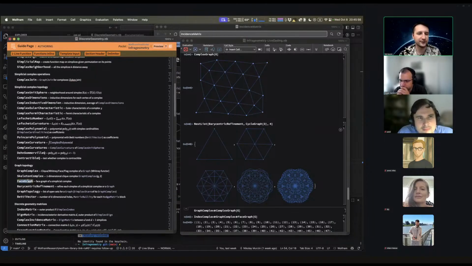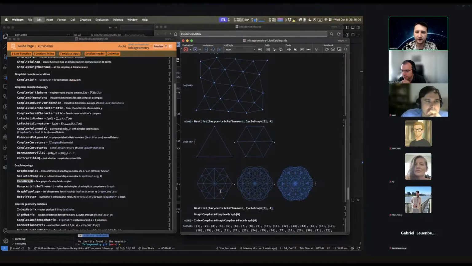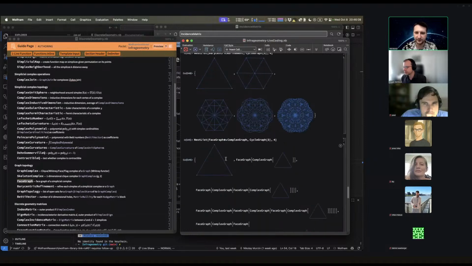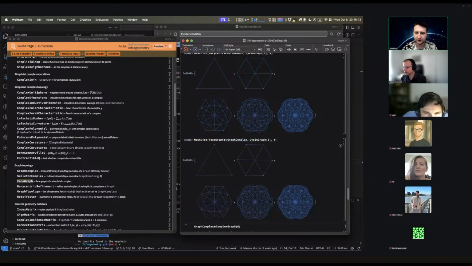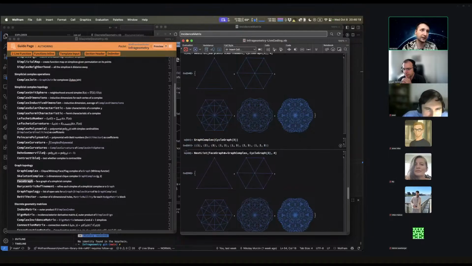But you can also think of it as doing this: you turn your complex into a graph and then make a face graph out of it. I think graph complex is equivalent, right? Graph complex of a graph turns each clique into a simplex of a particular dimension, depending on the size of your clique.